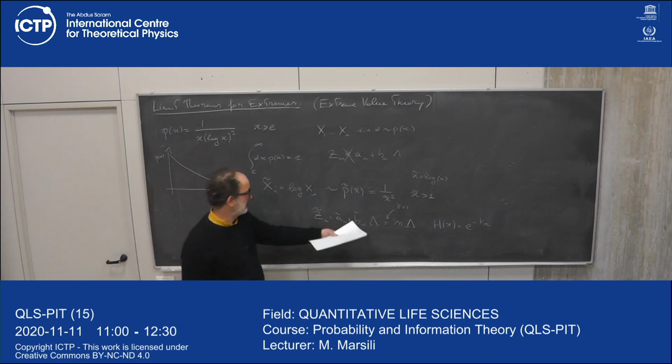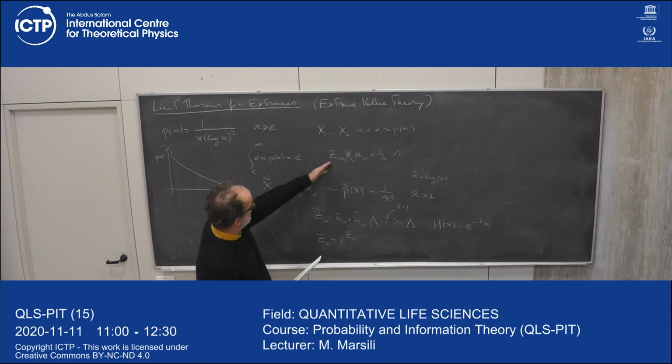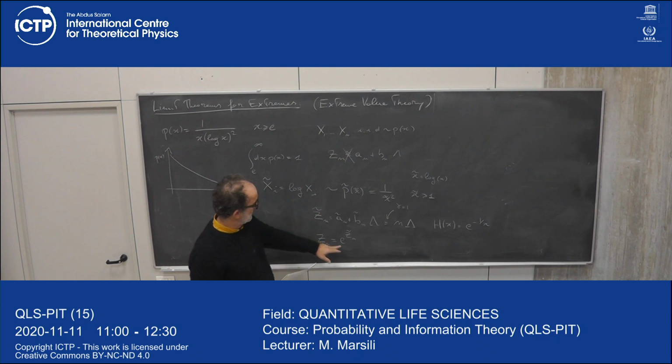But then, if this limit exists, we also have that Z_n, the original variable, should be the exponential of the maximum. Because if the maximum of the logs of these random variables is given by z tilde, then the maximum of the original random variables is given by e to the z tilde, or e to the maximum of the x tilde random variables.